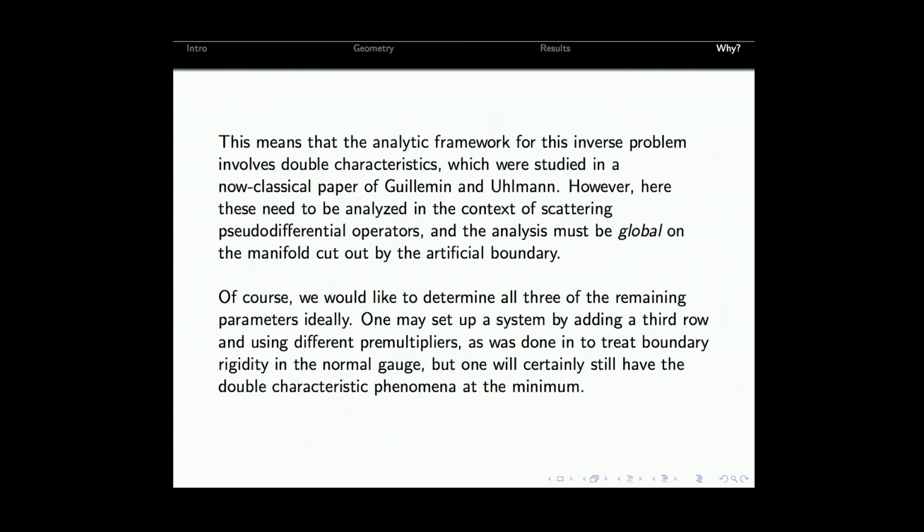But you have to extend everything to this more general situation where there's an artificial boundary, where this artificial boundary is really an infinity in Euclidean space. And so that's the project Joey's working on. So I believe things should work, and the statement would be that all the material parameters are determined from all the wave speeds. But of course, this actually has to be done. So we'll see what happens.